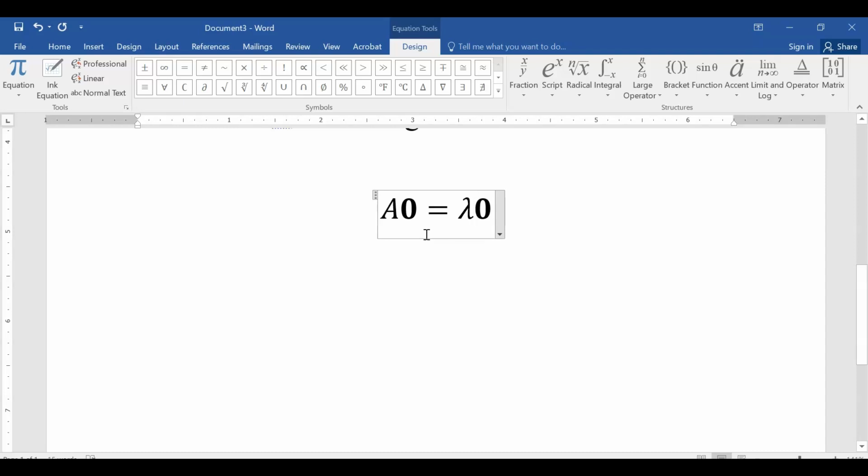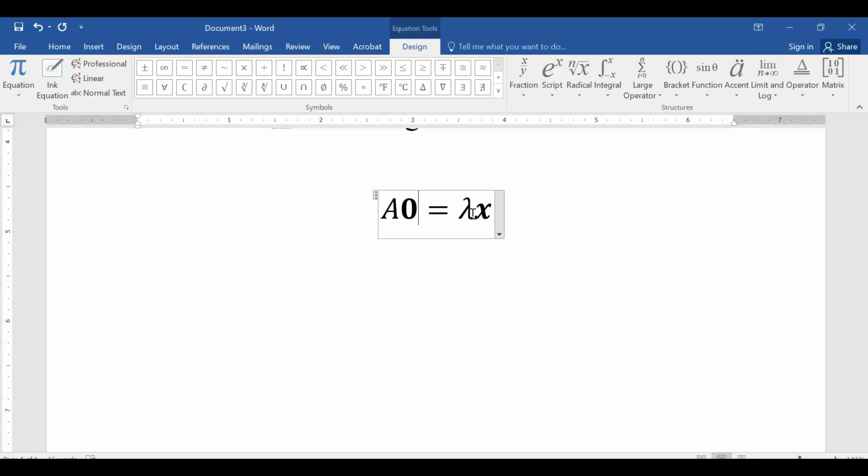So it's a trivial thing to say that 0 is an eigenvector with eigenvalue 4. So 4 is not an eigenvalue because of the vector 0. To be a proper eigenvalue, you have to have a non-zero vector satisfy this equation.